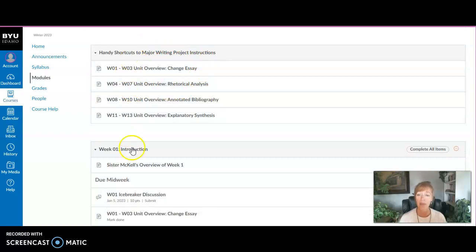And up here, even before we get into our week 1 module, I've created another module that simply includes the instructions for our major assignments, because it is so important that you return to those assignment instructions over and over again to remind yourselves what you're doing. Reading it just once is never going to be enough, no matter what the writing situation is.